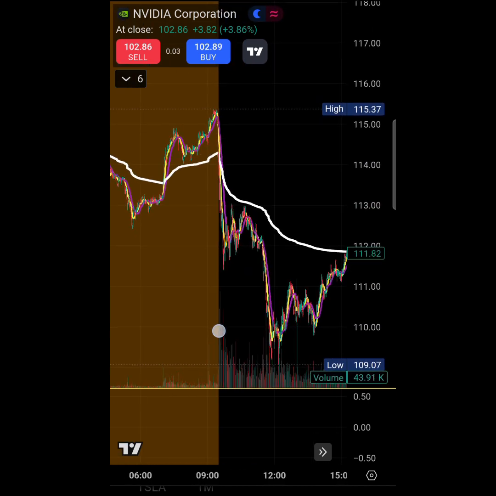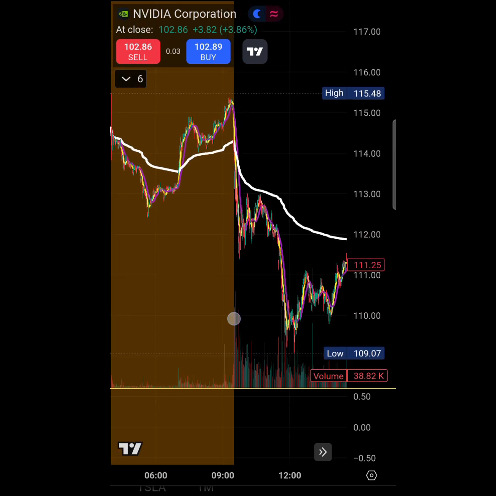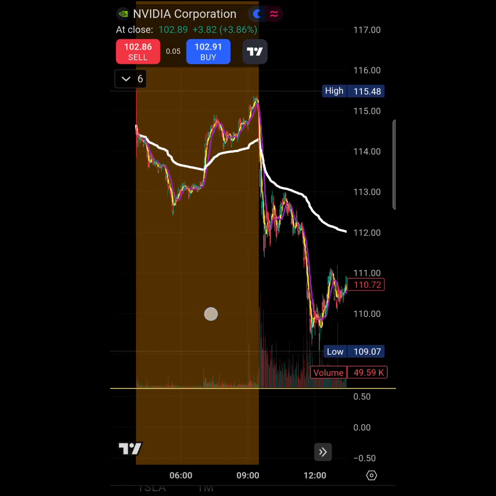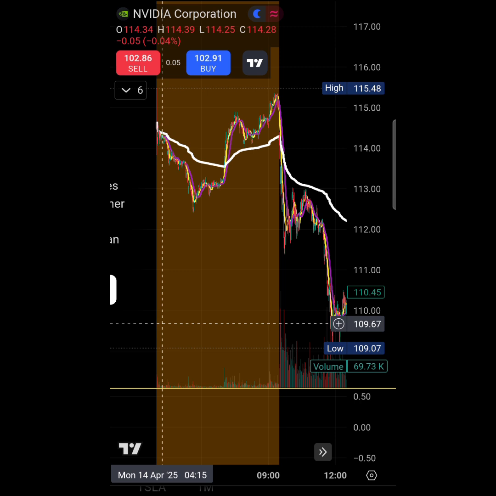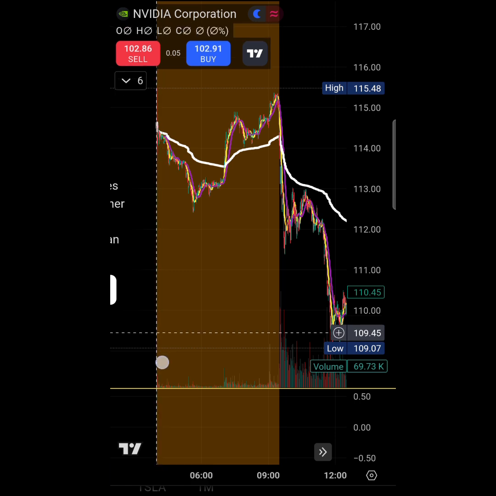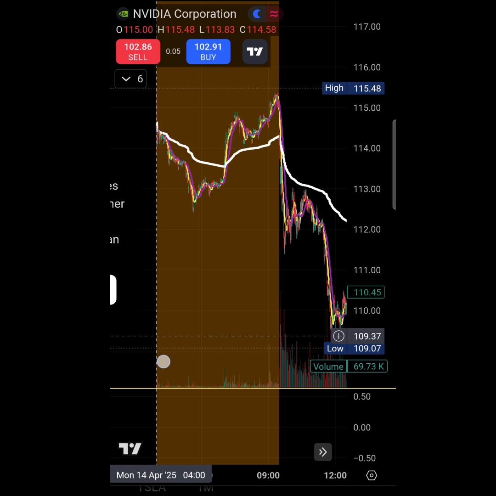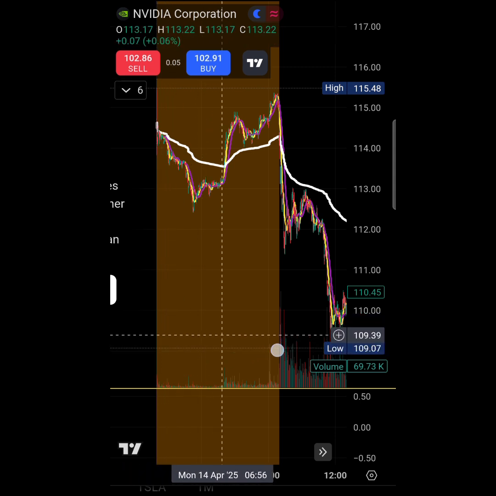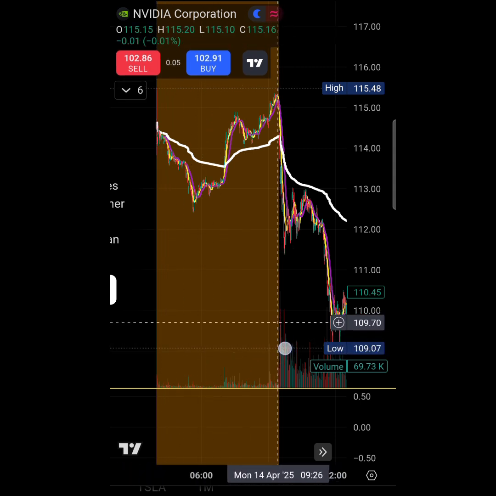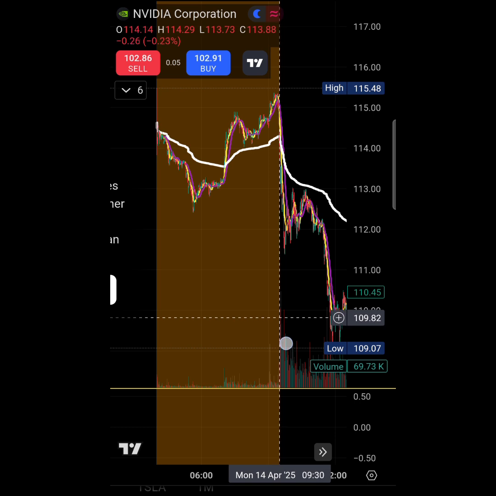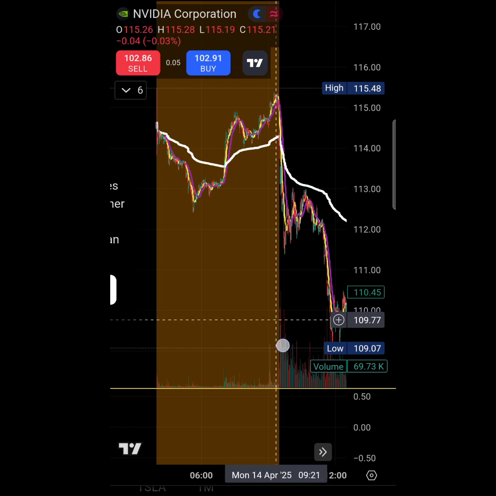Also on TradingView, you can see these different colors. So here, this is what's called pre-market trading. So from the hours of 4 a.m. till 9:30 when New York Stock Exchange opens.